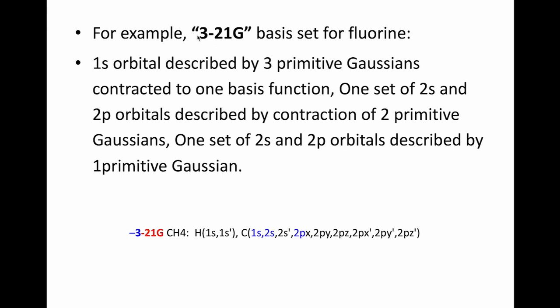This 3 is for the inner core orbital and the other 2 are for the valence orbitals. So the inner core orbital, or the 1s orbital, is described by 3 primitive Gaussians contracted to one basis function, and the one 2s and 2p orbital is described by 2 primitive Gaussians, and the other 2s and 2p orbital is described by one primitive Gaussian.